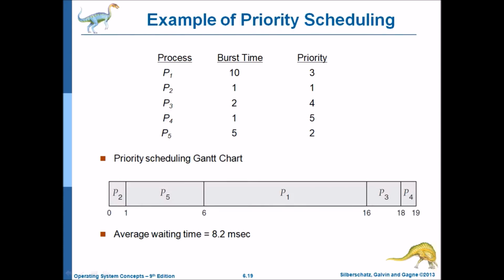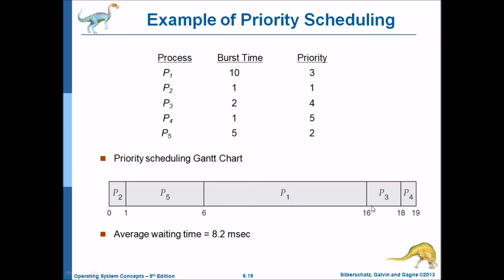So P2 with priority 1 goes first with burst time of 1, and then the second priority P5 with burst time of 5, so it gets done at 6. Next is the third priority, P1 with burst time of 10, so 6 plus 10, 16.